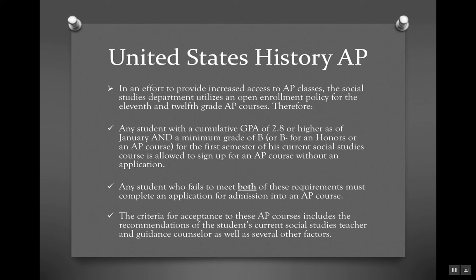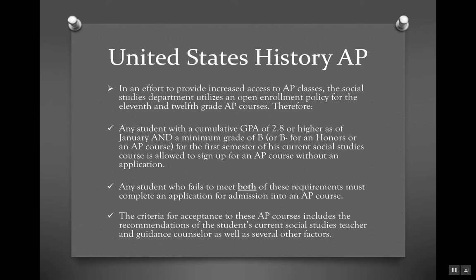However, any student who fails to meet both of these requirements, that is, there could be a student who has above a 2.8 but below a grade of B for their current social studies course, that student would need to complete an application. The other example would hold true if he has a 2.7 GPA but has an A in his current social studies class. Again, he would need to complete an application to be admitted to that particular AP course.